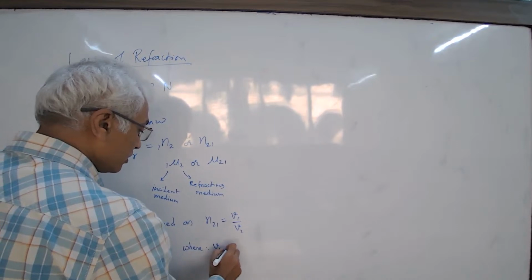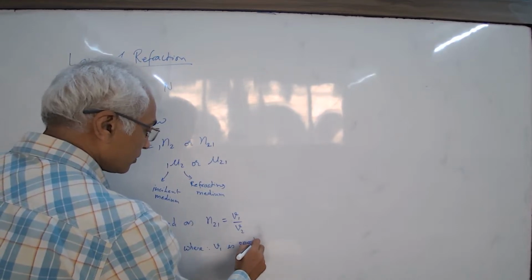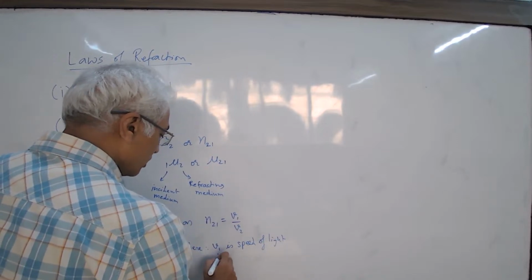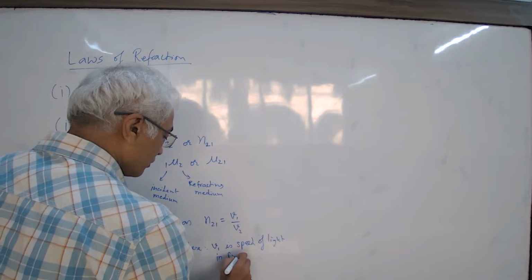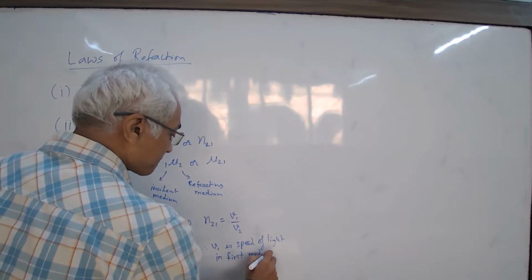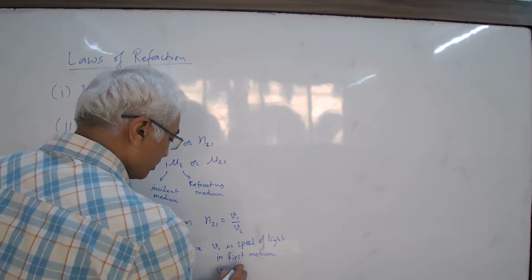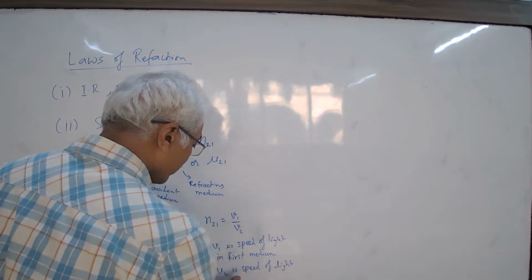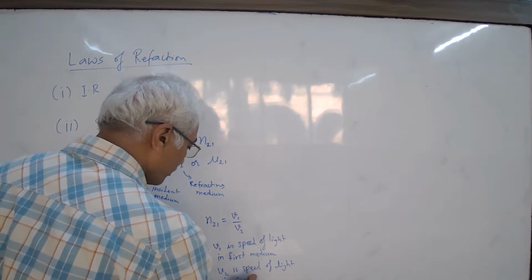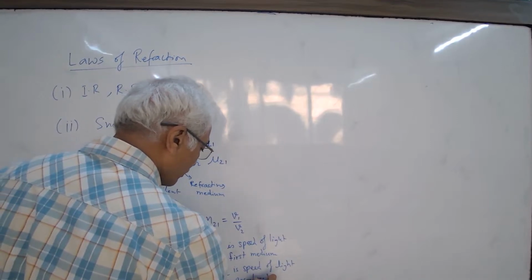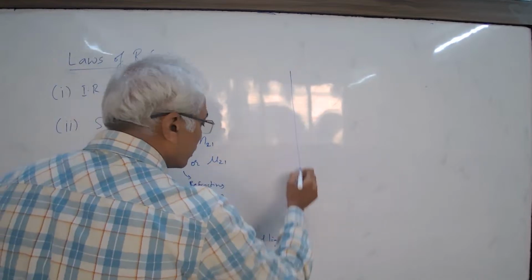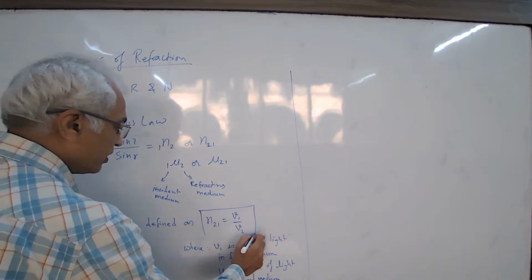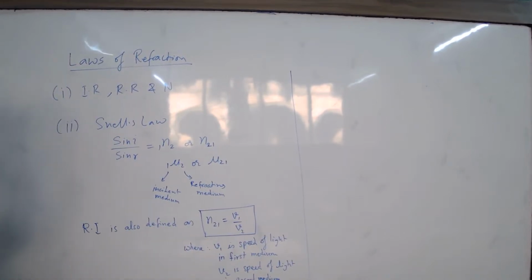v1 is speed of light in first medium. v2 is speed of light in second medium. Okay, so therefore refractive index is also defined as the ratio of speeds of light in different mediums.